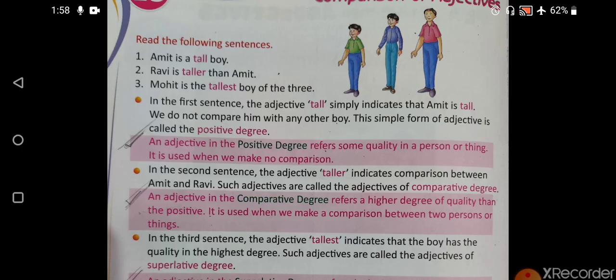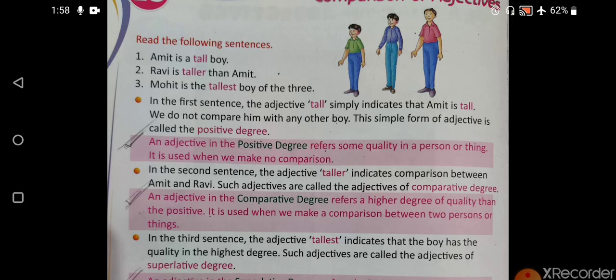So in the sentence Amit is a tall boy, it is a positive degree because we are just writing about Amit. Second is Ravi is taller than Amit. Here we are comparing between Ravi and Amit. That is why they have used "than". So in the second sentence, the adjective taller indicates comparison between Amit and Ravi. Such adjectives are called adjectives of comparative degree.